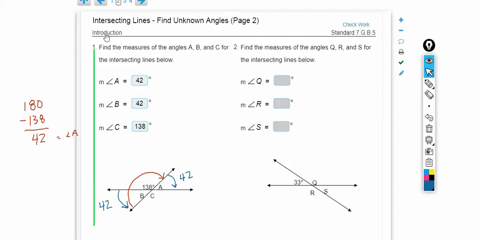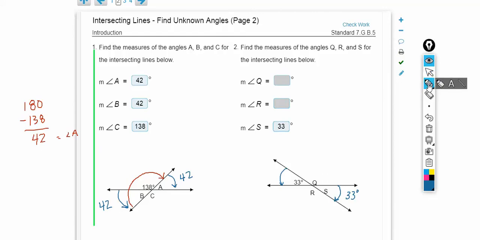That's good right there. Moving on to the next one. We have 33 over here, so over here has to be 33. So angle S equals 33 degrees.